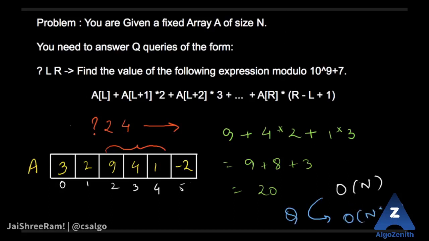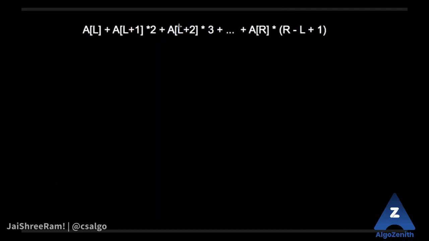For that, let's have a look at the expression first. This is the expression. Now how can we rewrite it somehow so that it can help us? First of all, let's write it in the form of a summation, with I equal to L to R. What is this summation in generic I terms?